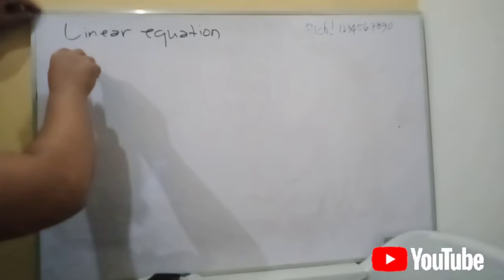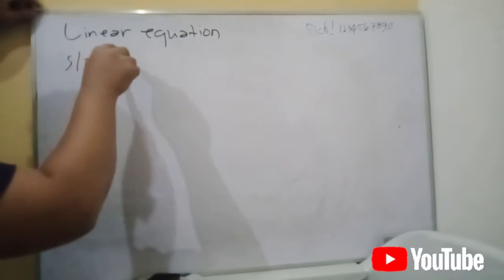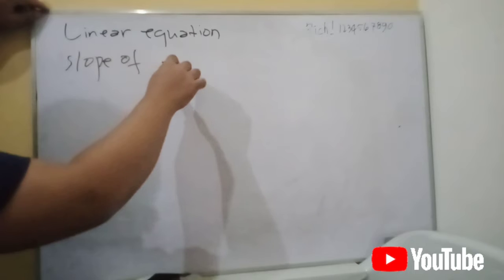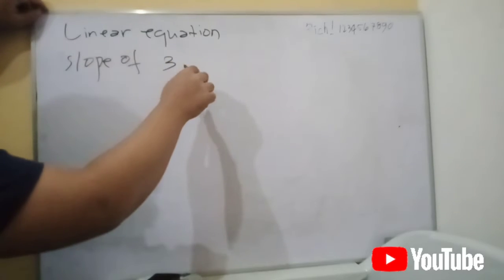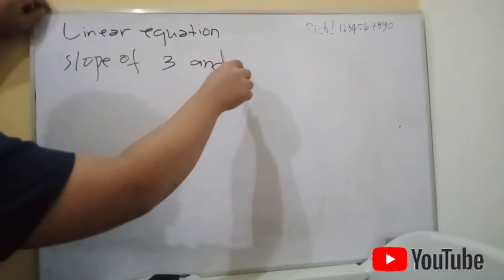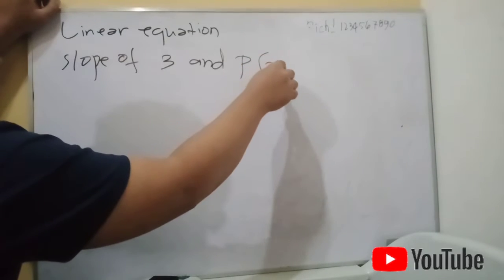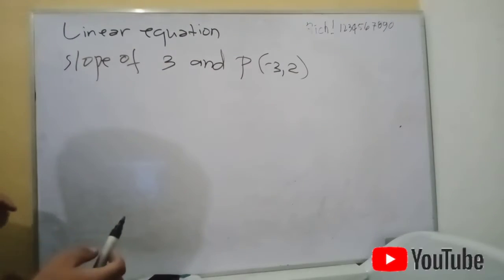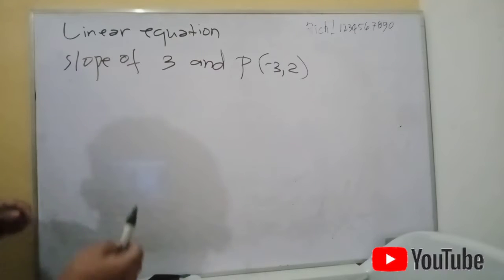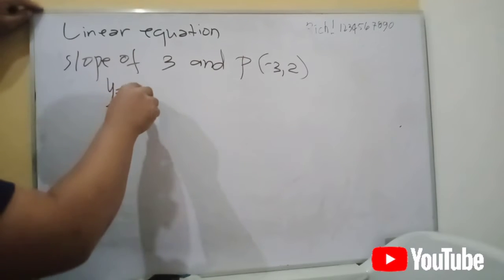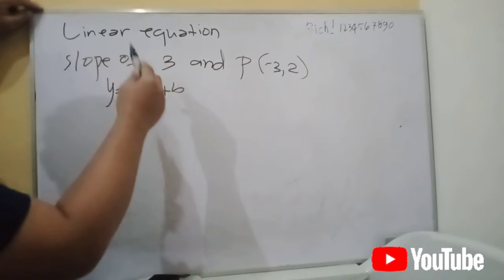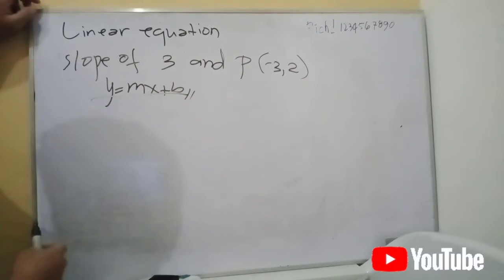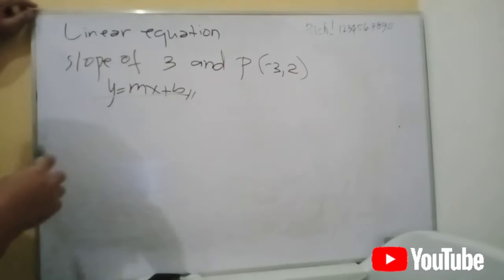Say for example, we have the slope of 3 and the point (-3, 2). So how do we identify the line using y equals mx plus b? This is the formula. So how do we do it?